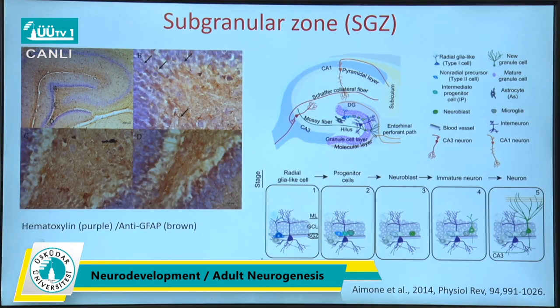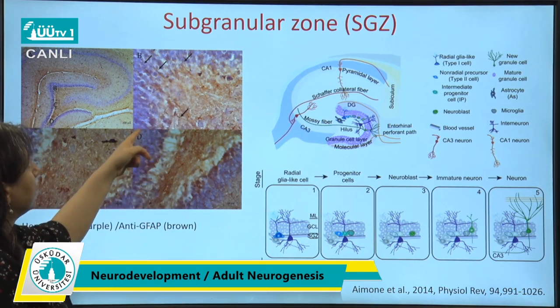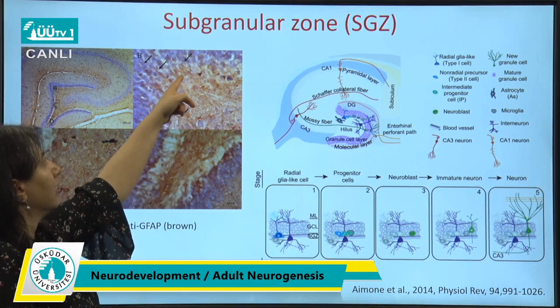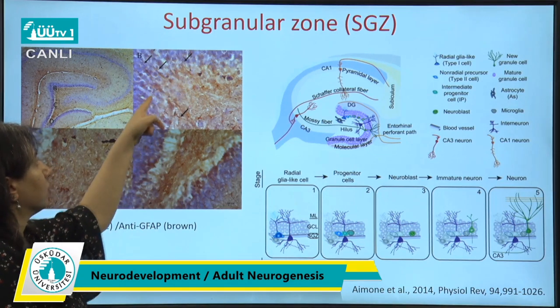If you look at the subgranular zone, we will see that it is, as I said, located immediately underneath the granule cell layer, and in these pictures we see a double staining by hematoxylin, which stains all the cell bodies, and again GFAP staining. Here you might see this purple layer, which is the granule neuron cell layer, and immediately underneath that you will notice again these long extensions of radial glial cells and the cell bodies located here.